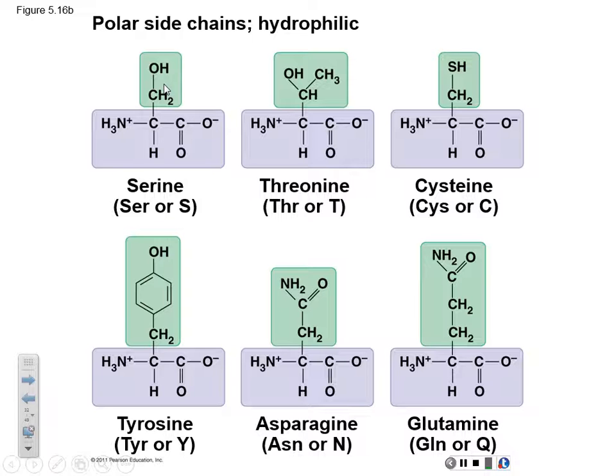The hydrophilic guys have hydroxyl groups, or they'll have, here you can see, a sulfhydryl group, like what we have in cysteine. And you'll find asparagine, there's no full charge associated with either of these, but there's going to be separation of charge, a little bit of positive here, a little bit of negative there, and the same is going to be true over here for glutamine.